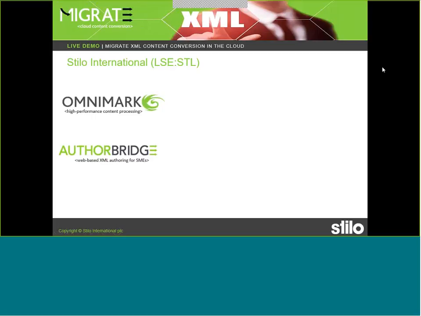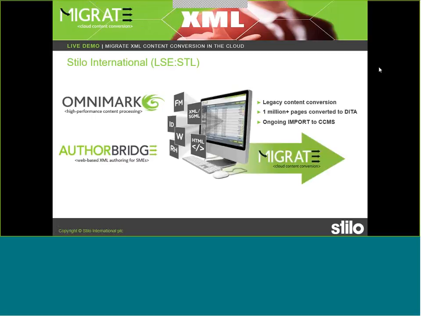We've also recently launched AuthorBridge, which is a low-cost web editing tool for subject matter experts. About 7 or 8 years ago, we began the development of Migrate, which is our cloud content conversion service. It's quite unique, and that's what we're going to be talking about today.